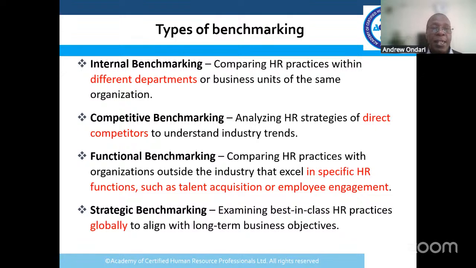Then the other type of benchmarking is strategic benchmarking, where we are comparing our HR practices with other organizations globally. I've used the word globally intentionally. Why?